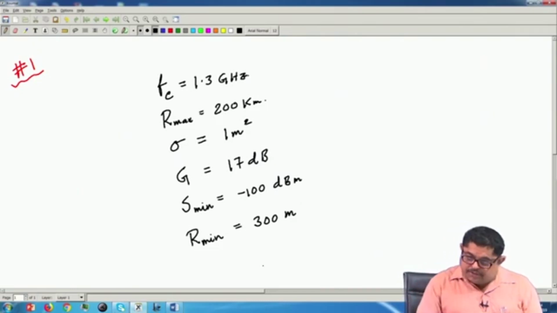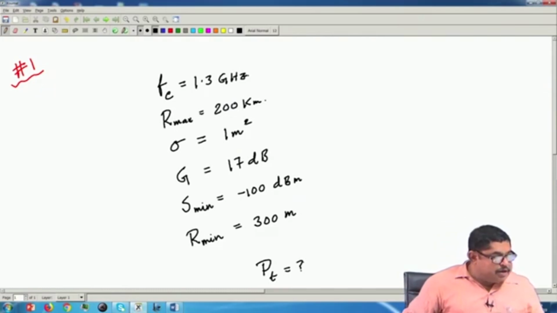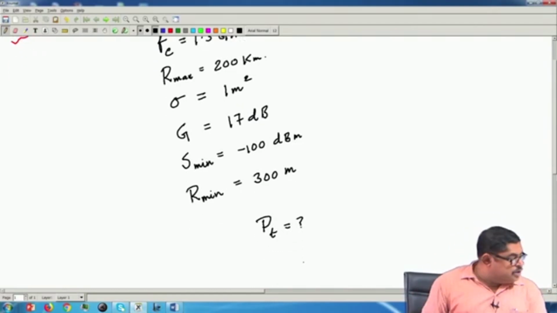So, we are asked what is the Pt. It is clear that we have done a modeling. The basic radar range equation, which at that time we called a model, will now help. So, we can immediately write the radar range equation.